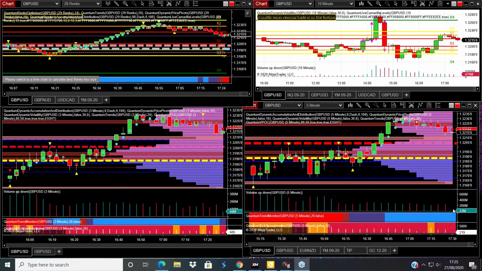There are correlations between certain currencies and other instruments in other markets. What happens in one market will perhaps lead what is happening in another. So you have to look at the market in its entirety, not just focus on the one chart that maybe you are looking to take a trade on.